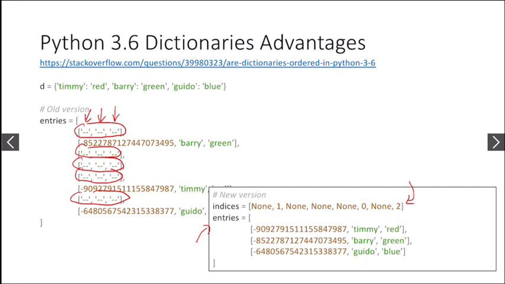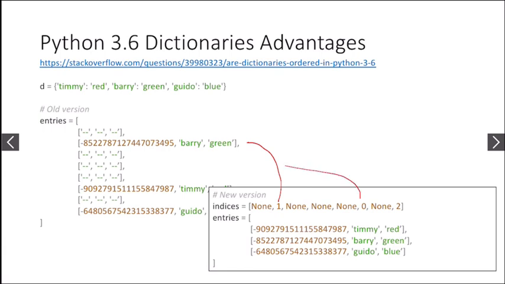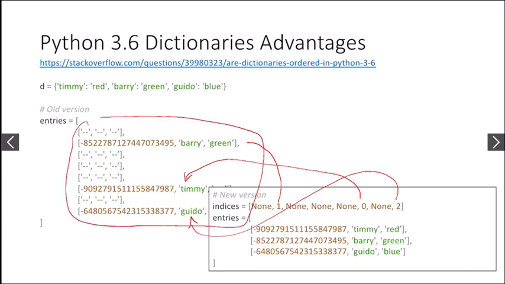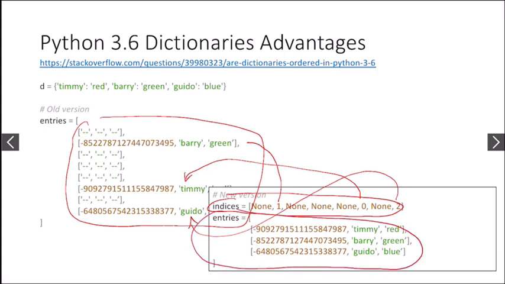Now when there are empty spots, it's just indicated by a 0. It takes up a lot less space to say there's nothing in these spots. So this 1 maps to this one, this 0 maps to this one, and this 2 maps to this one. So the same structural information is available here as it is in the indices array. It's just that the data is now stored in an entirely separate array that you could think of as having no gaps in it, so we're not wasting any data.